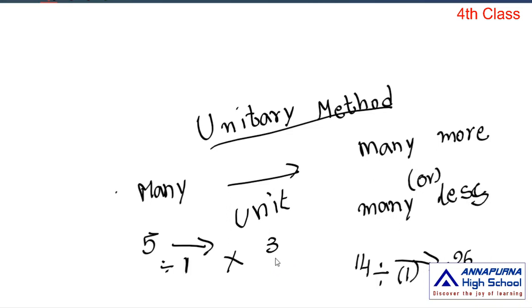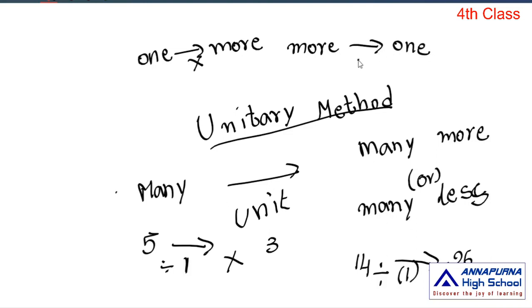If he gave 1 and you want to find more, how do we get more values? By multiplication. And if he gave more, how do we get the value of 1 article? By division. Okay children, these are the points we learnt in the last class.